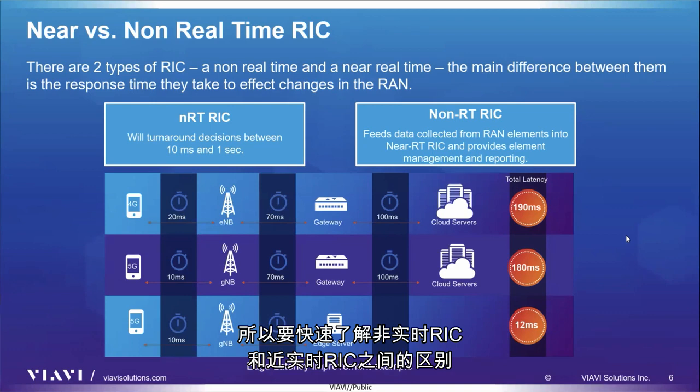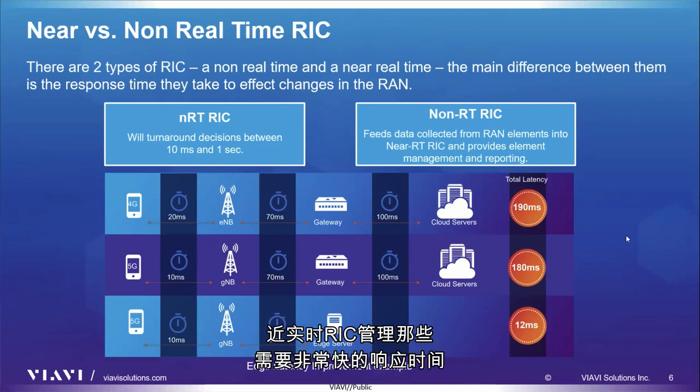So quickly, the difference between non and near real-time RIC. So the near real-time RIC manages events and resources that require a very fast response time. And we're talking down to 10 milliseconds.